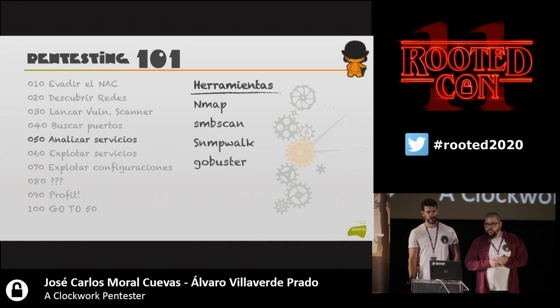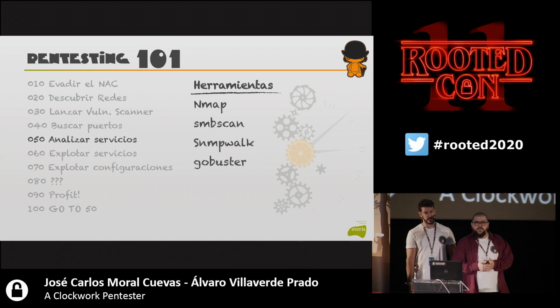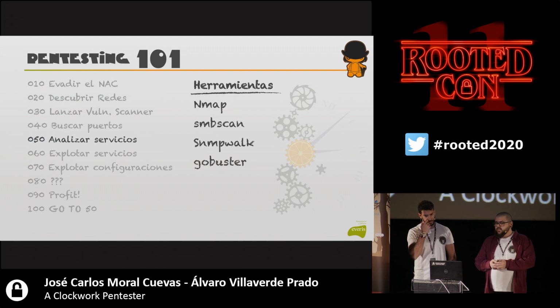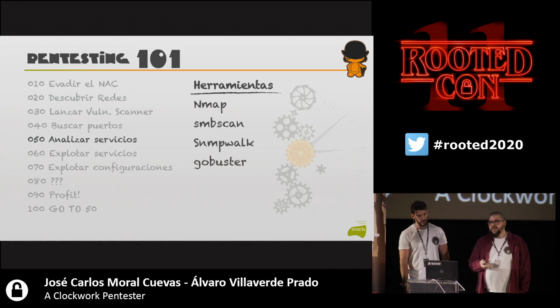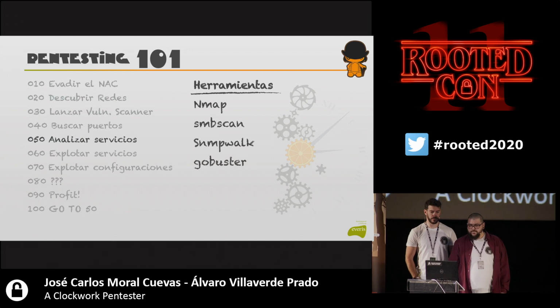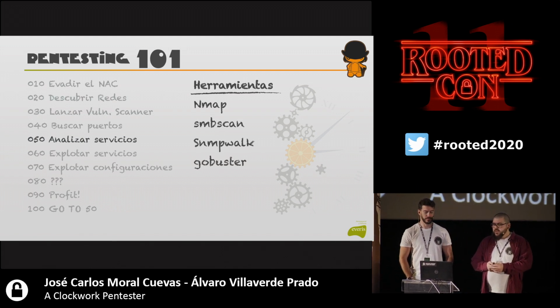As we look for ports, we analyze the services that we find. For that, we use Nmap, and then when it returns ports, we use smbclient for Samba services, then snmpwalk when we find an SNMP service, and then GoBuster helps us scan web servers in an attempt to look for applications that have not been referenced.